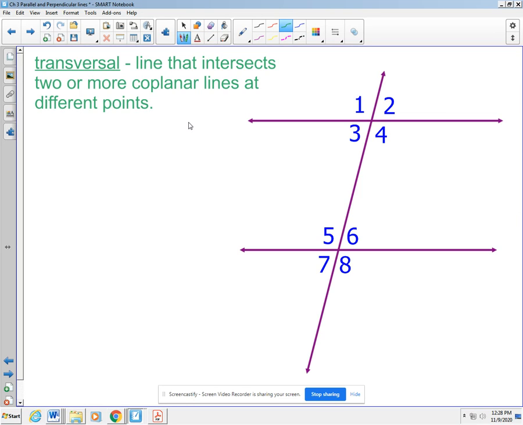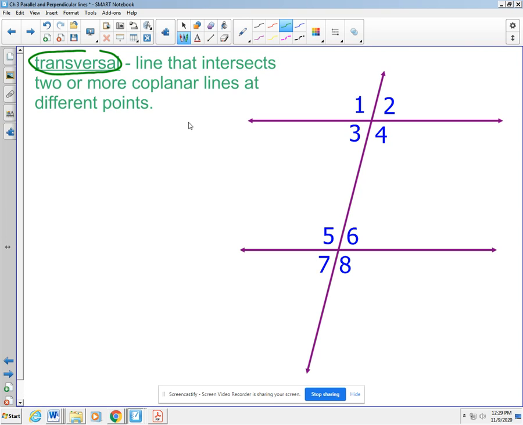Okay, so next part of the lesson, this chapter is mainly about two parallel lines cut by a transversal. So first of all, what is a transversal? A transversal is a line that intersects two or more coplanar lines at different points.